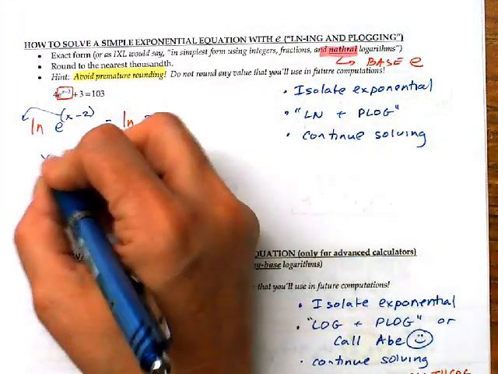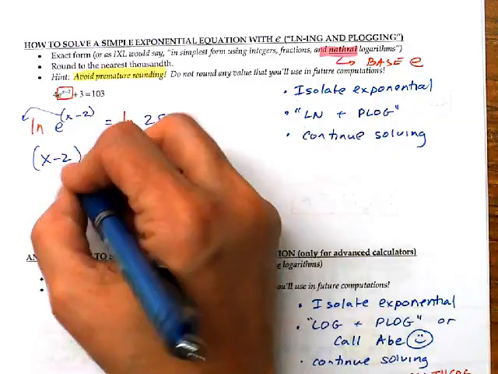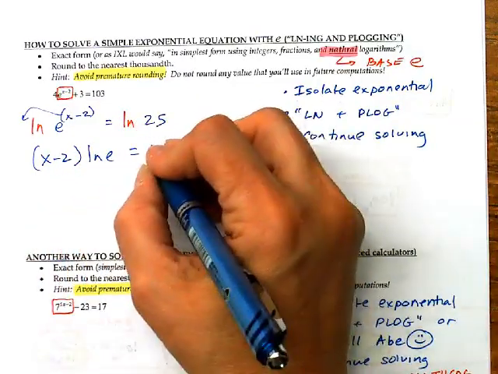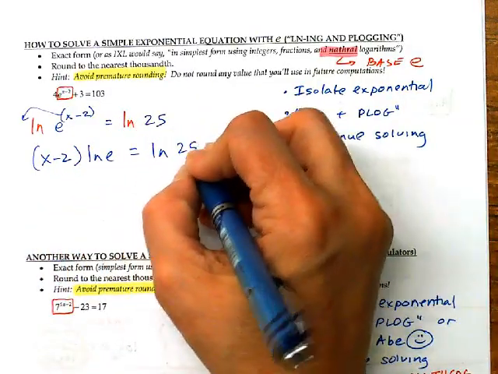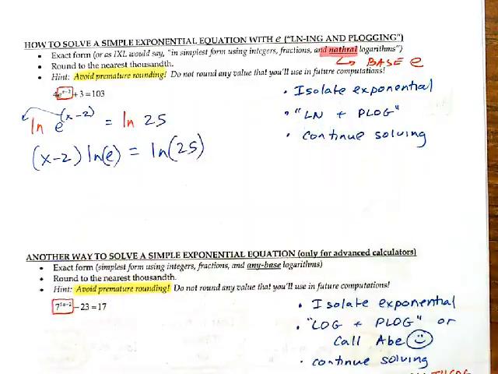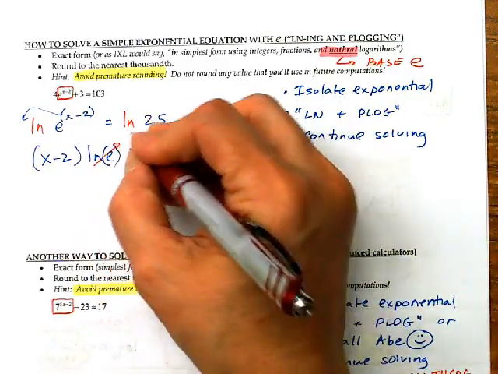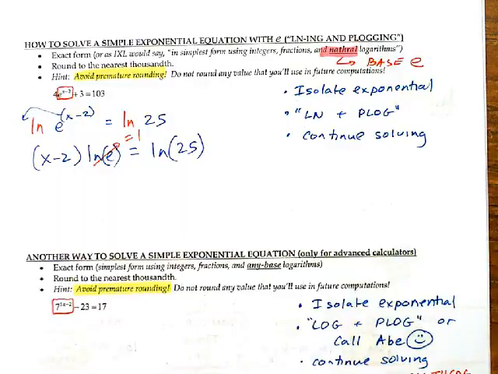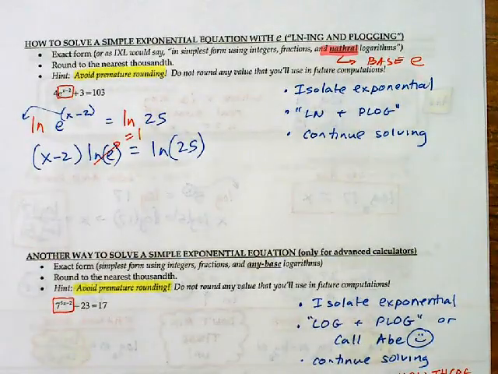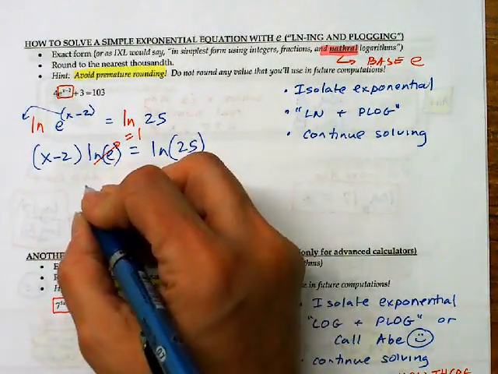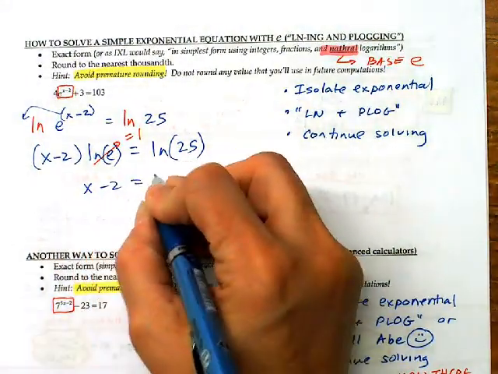X minus 2 times the natural log of e equals the natural log of 25. But here's the great little time saver, the natural log of e is 1. So really we have the equation x minus 2 equals natural log of 25.